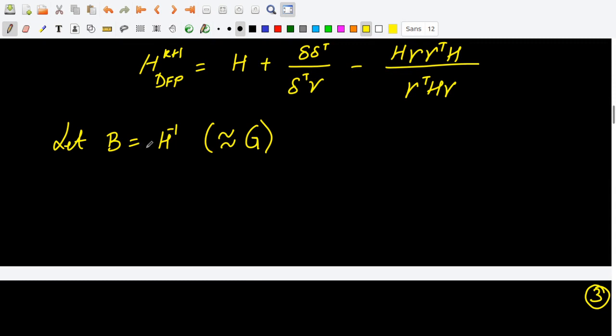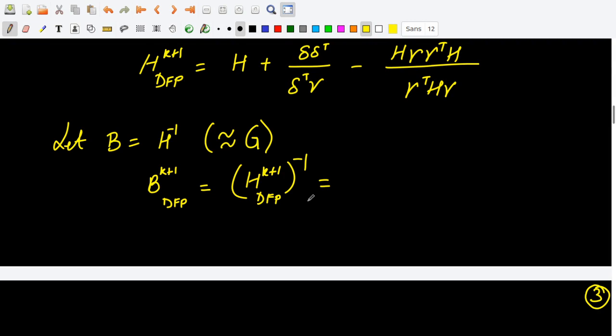So this B is sort of a proxy for G. So I can have a formula not just for H but also for B. And this is the exact inverse, not an approximation. I need an exact inverse for B.